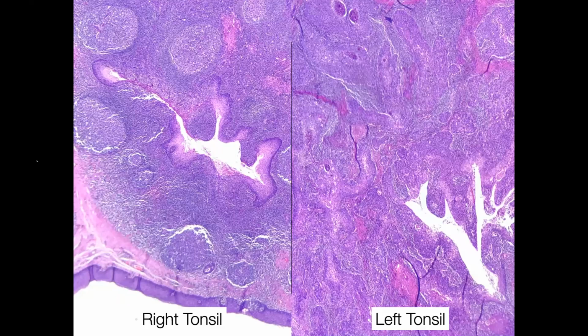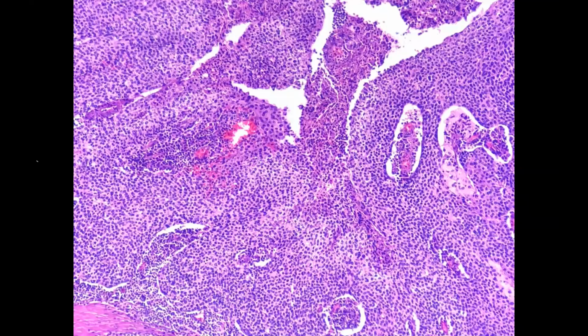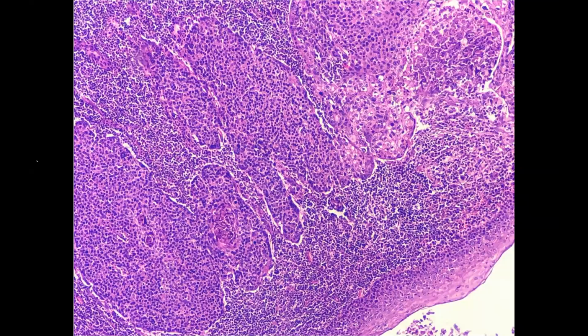On the same side as the neck tumor, we see in the left tonsil beneath the tonsillar crypts infiltrating nests of neoplastic squamous cells. These neoplastic squamous cells have non-keratinizing histology. And as in the neck tumors, we see focal areas of abrupt keratinization dispersed in a predominant non-keratinizing histology.